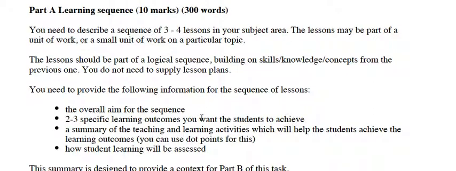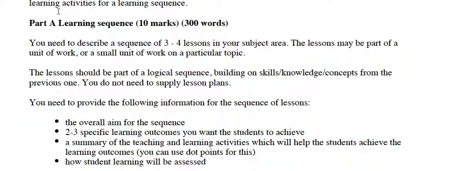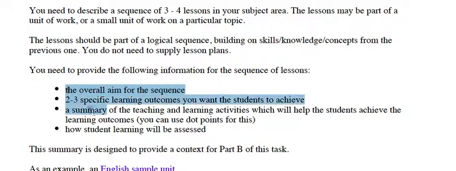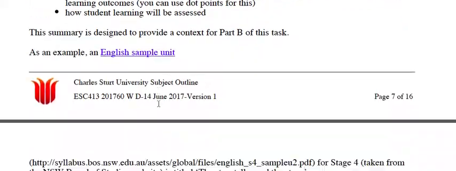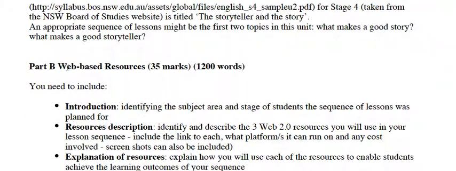In terms of your structure for this, my advice is you might have a nice title. So you don't have to have an introduction to this. You can just have a general heading, learning sequence for stage 6 English. And then you go on to provide maybe a subheading, learning outcomes, and then 3 learning outcomes with your summary, etc., etc. Then you might have a subheading, complementary web-based resources for stage 6 English Shakespeare unit.